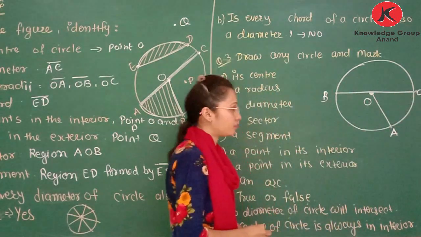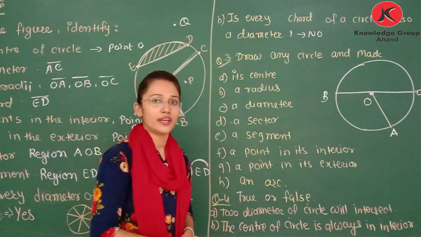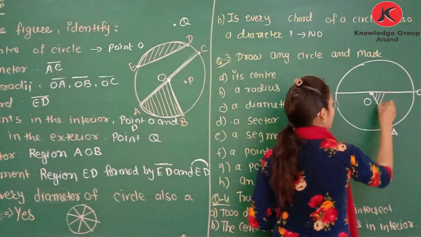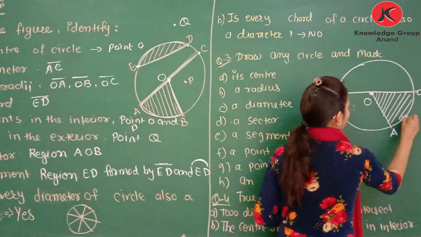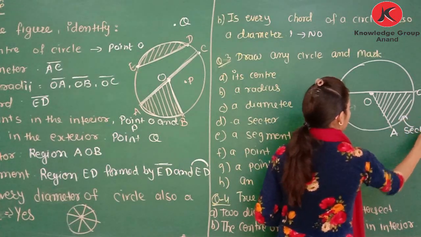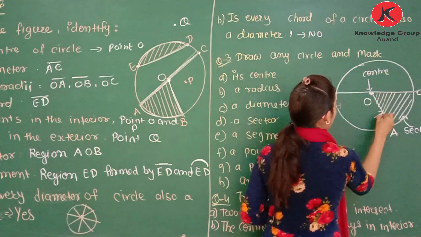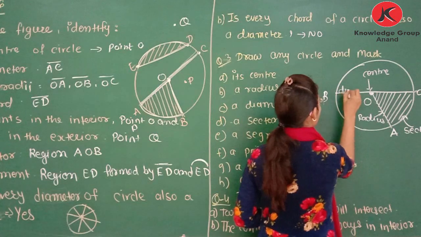BC. A sector, what is the sector? It is the area enclosed by 2 radii and 1 arc. So you can see this is the sector. This is the center, here it is the radius and it is a diameter.